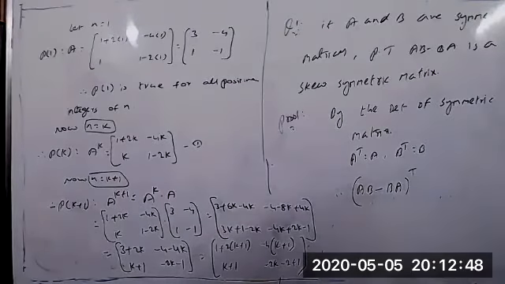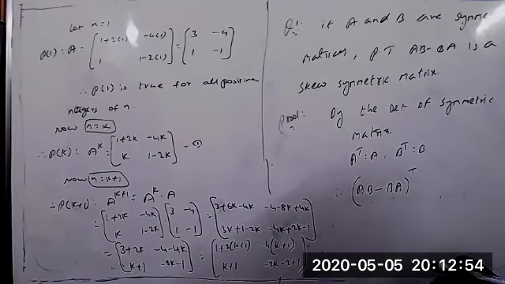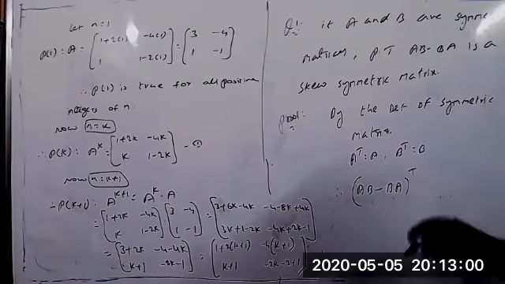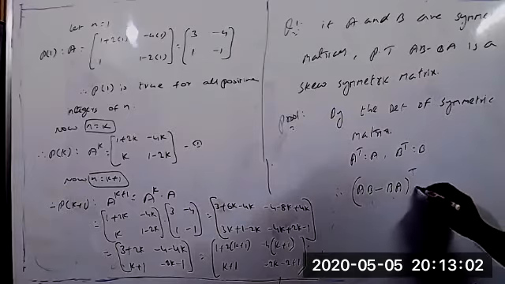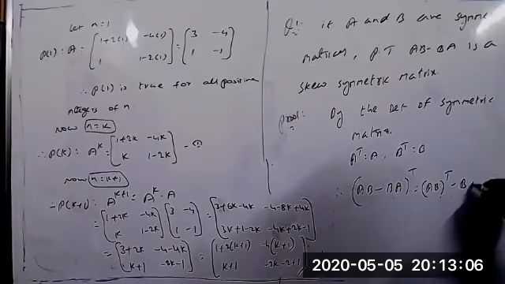Recall the properties of transpose: A plus B whole transpose equal to A transpose plus B transpose, and A minus B whole transpose equal to A transpose minus B transpose. In the same way, AB minus BA whole transpose equals AB transpose minus BA transpose.